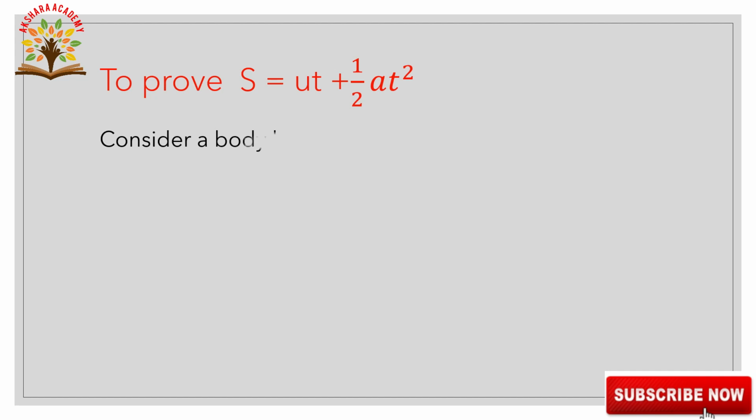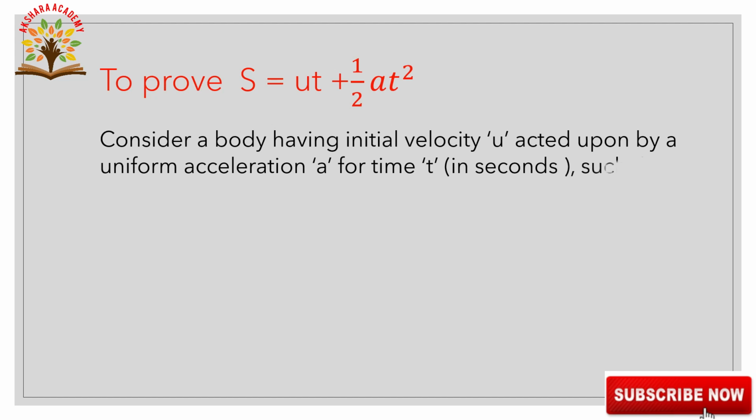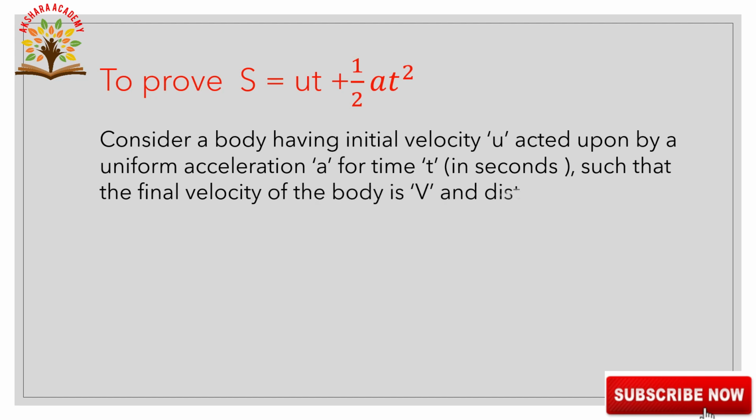Consider a body having an initial velocity u acted upon by a uniform acceleration a for time t, which is in seconds, such that the final velocity of the body is v and the distance covered is s.